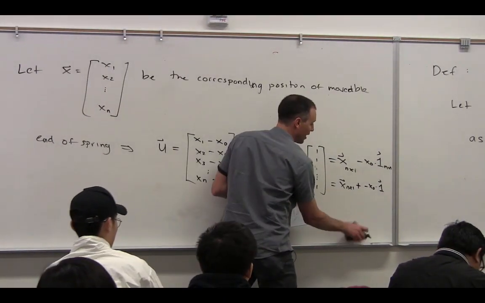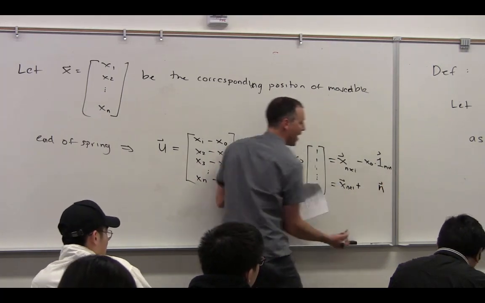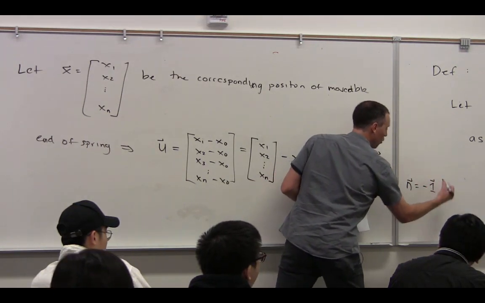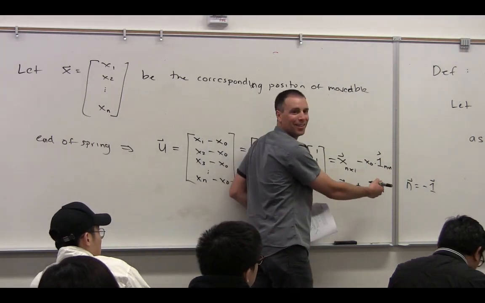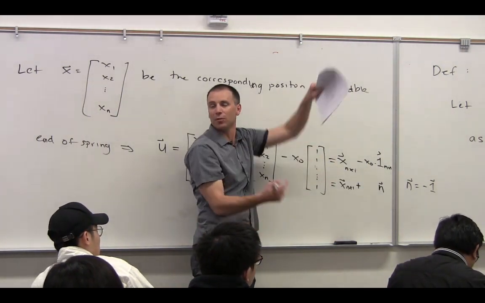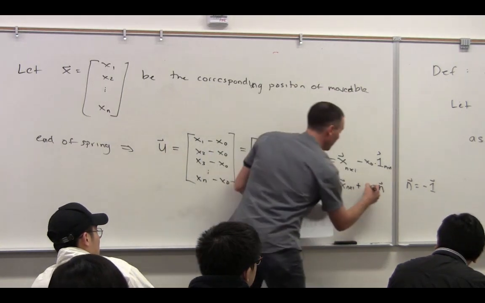Or if you were really excited, you could call the vector n equal to negative vector 1. Could you guess what that is? It's a vector with n coefficients, each of which is equal to negative 1 in this case, right?